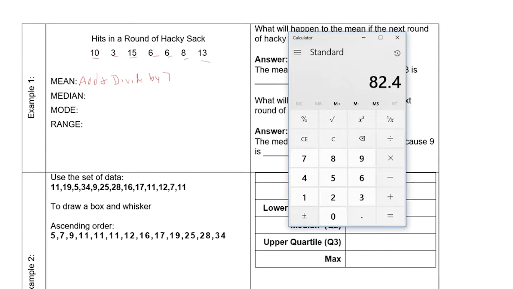Okay, so let's take 10 plus 3 plus 15 plus 6 plus 6 plus 8 plus 13. We get 61. There are 7 numbers, so we're going to divide by 7. So our average is 8.714. We're going to round that to 8.7.